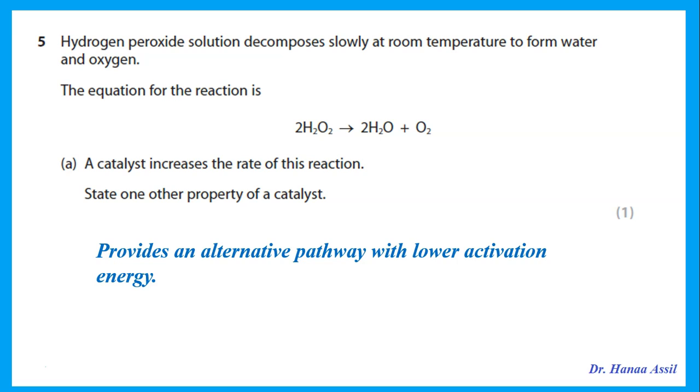So remember that a catalyst basically makes the reaction faster, increases the rate. Now, how does it increase the rate? This is by providing an alternative pathway, so the reaction happens in a different way with a lower activation energy.